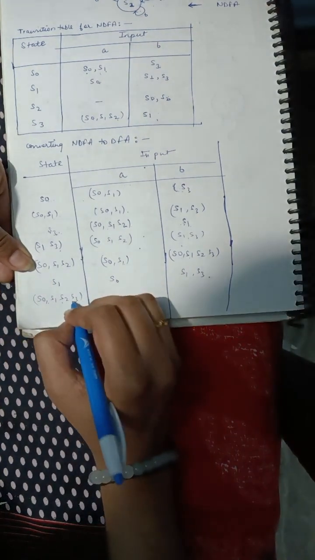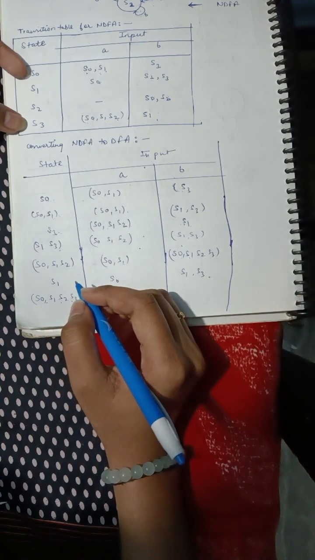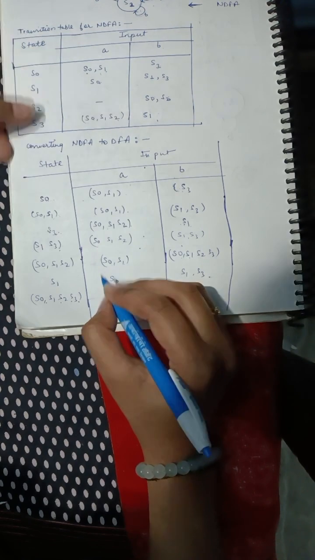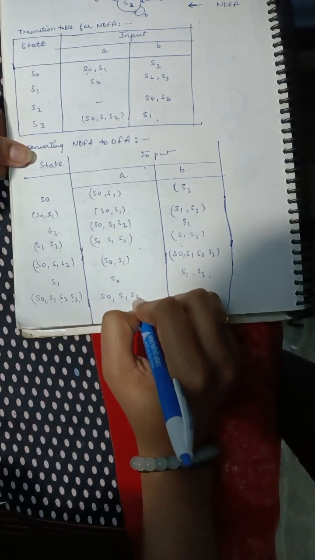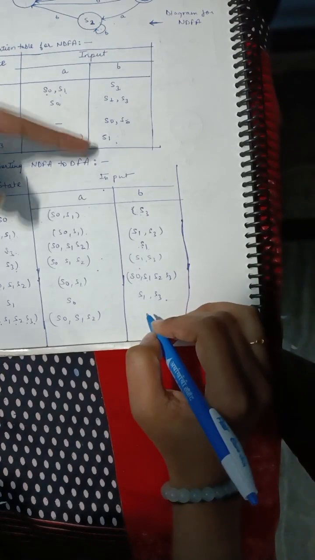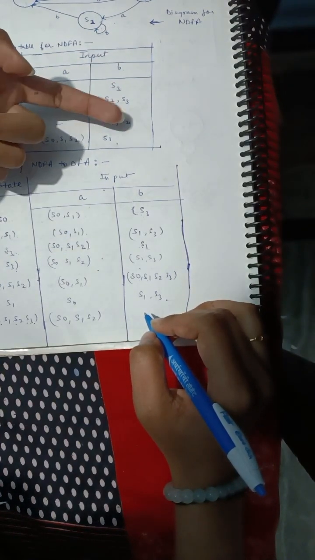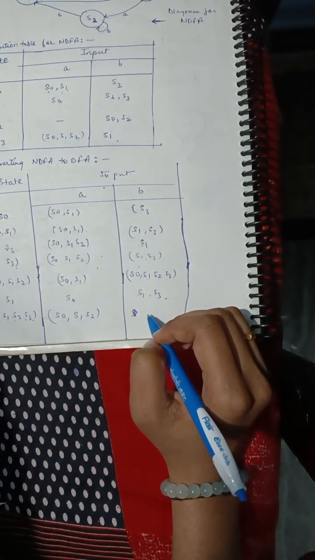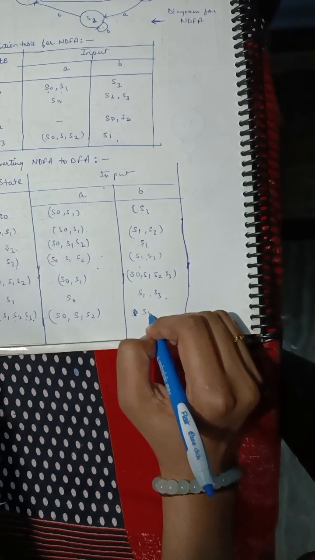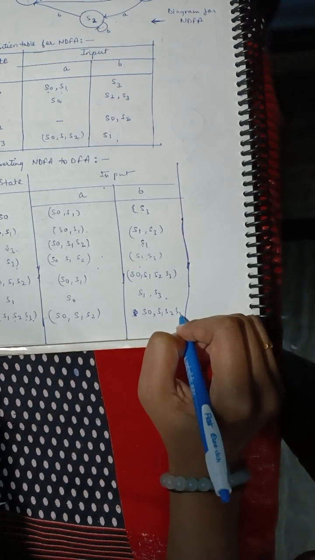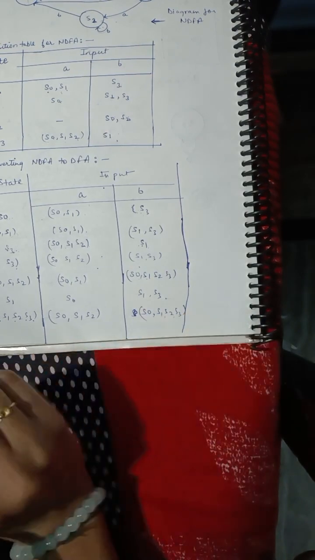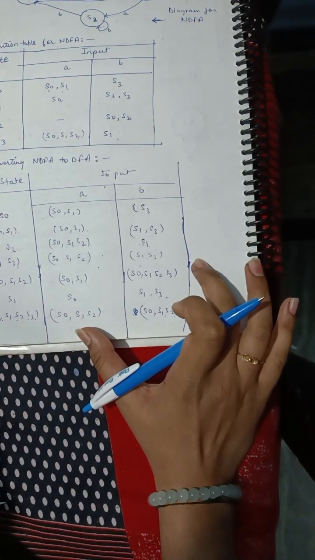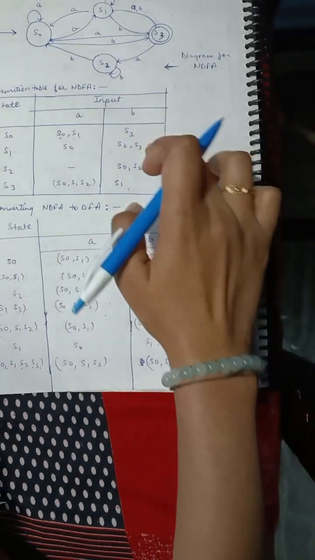So for S0 S1 S2 S3, means for all these states, the value at A will be S0 S1 S0 S0 S1 S2, means S0 S1 and S2. And for B the value will be S3 S1 S0, all values are there. So the input value at B will be S0, S1, S2 and S3. Okay, so this is the table for DFA when we converted this.